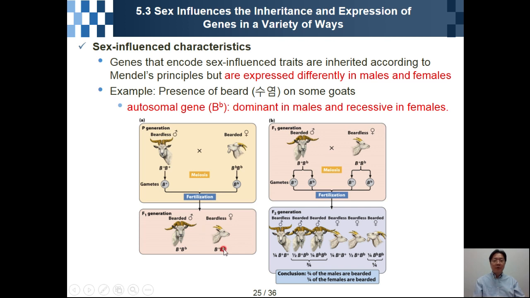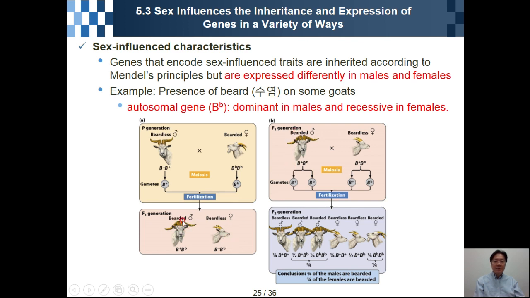But how about the female whose genotype is exactly the same as the male? In the female, it is recessive, so they don't have the beard like this. Okay, so this is one case. Another case is in the F1 generation.